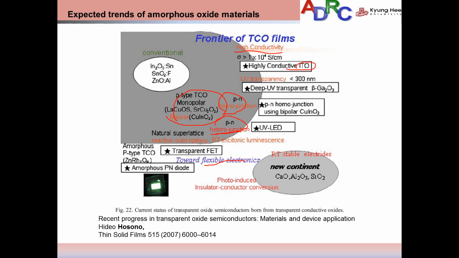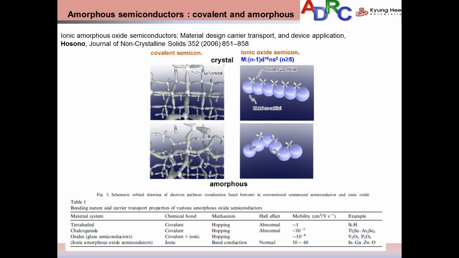So now let's have a look at the different covalent and amorphous states of the different semiconductors. What is the difference between ionic and covalent semiconductors? The main idea for the covalent semiconductors, for example silicon: in the case of a crystal, we can have very high periodicity in the crystal, and the orbitals overlap easily.